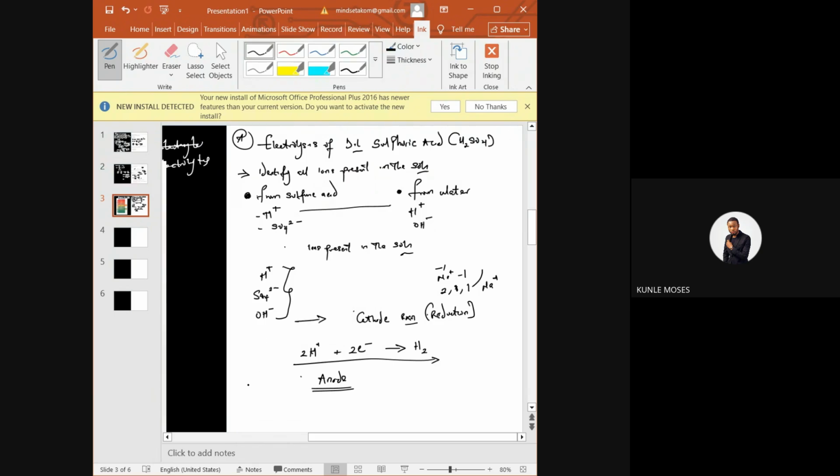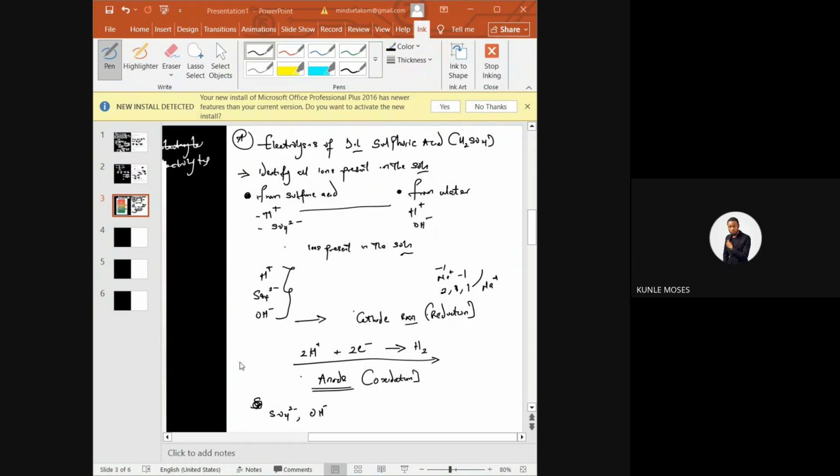So let's quickly go to the anode. The first thing you should remember at the anode is oxidation. Now, this is the issue. We have two ions that can be oxidized. We also have OH minus, also negatively charged. But mind you, sulfate ions, SO4 2 minus, are not discharged easily.